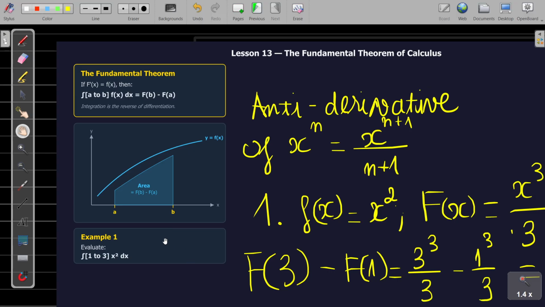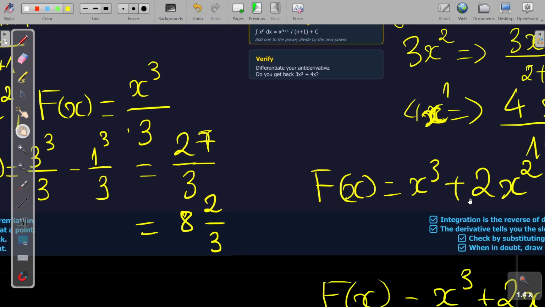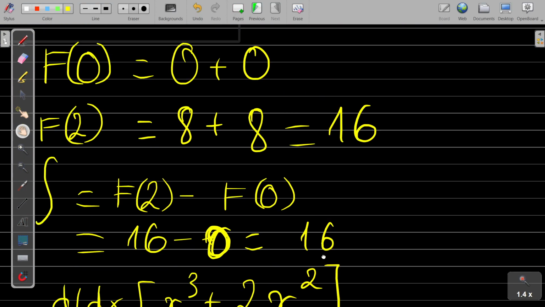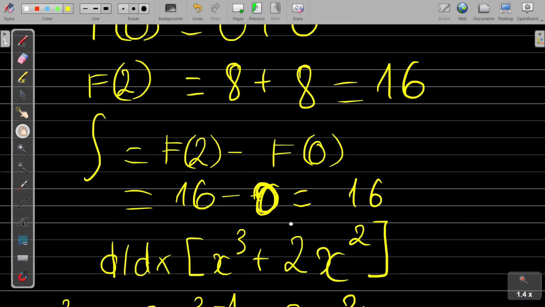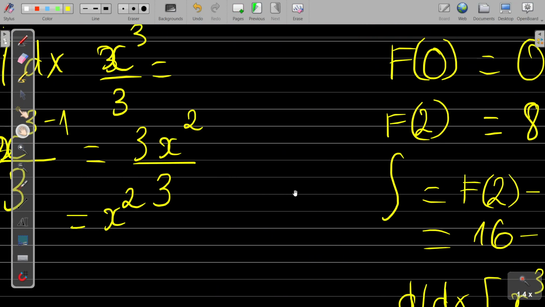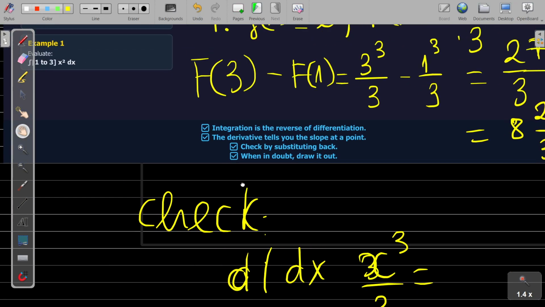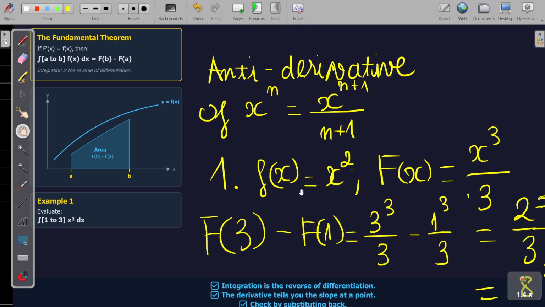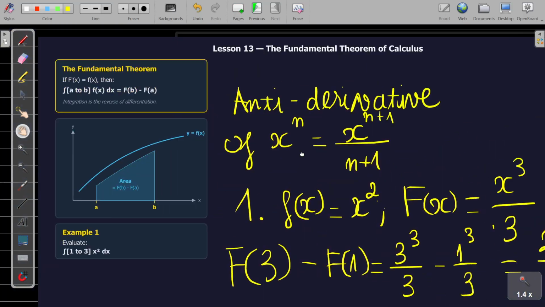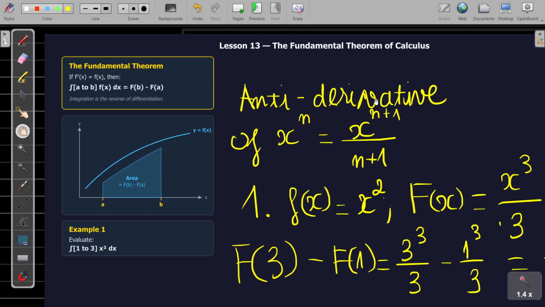Always check by differentiating. What I mean is making sure your big F goes back to your small f. If it matches, you have gotten yourself a very good check. You have secured your points, and you get your max score from these problems.